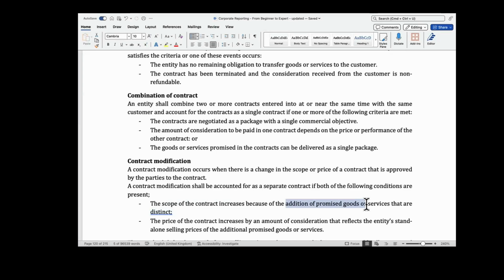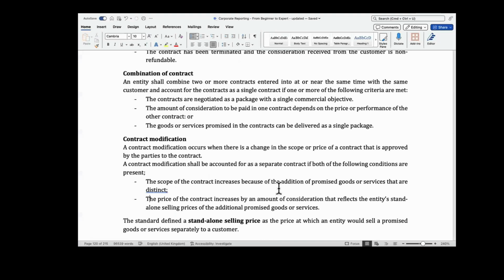The second one is that the price of the contract increases by an amount of consideration that reflects the entity's standalone selling price of the additional promised goods or services.